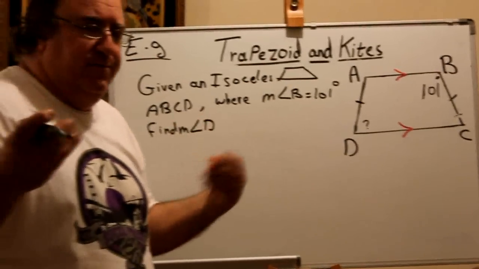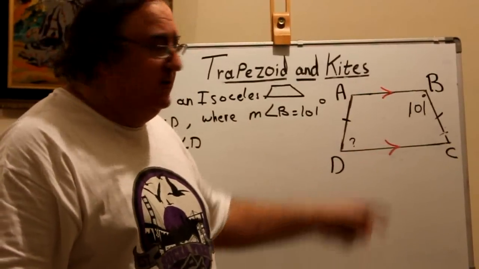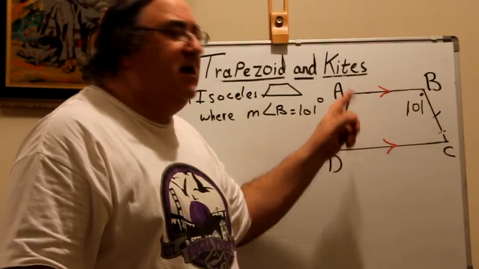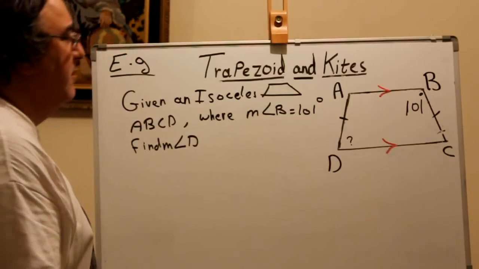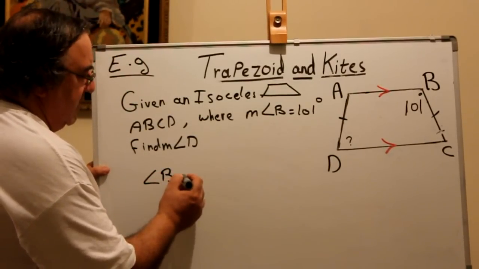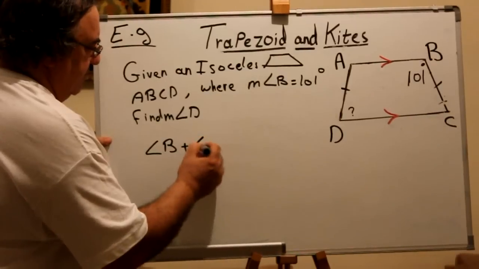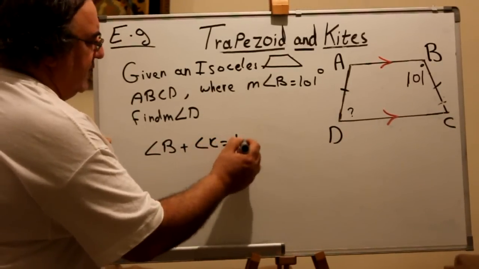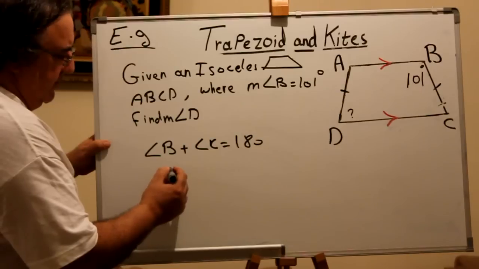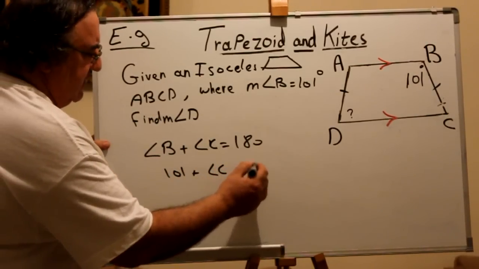You know from the previous quadrilateral lesson that consecutive angles, angle B plus angle C or angle B plus angle A, are always supplementary. So, what do we know? That angle B plus angle C is equal to 180. Well, angle B is 101, plus angle C, which we don't know, equals 180.